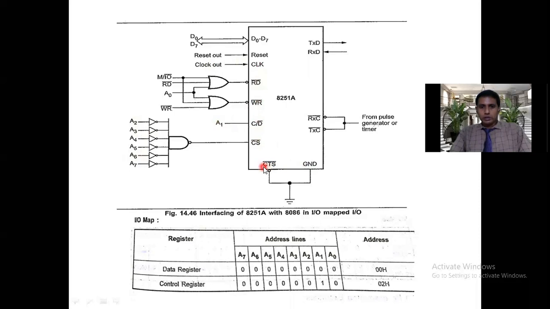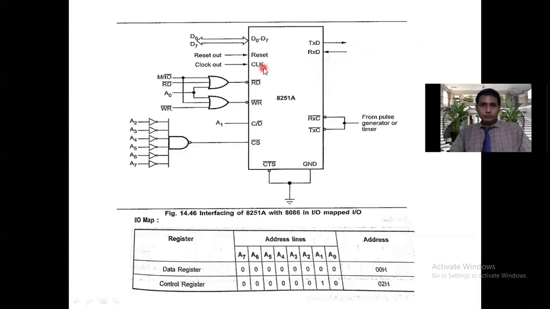Here also CTS bar, clear to send bar, is connected to ground. Then RXC bar, the receiver clock pin, and similarly the transmitter clock pin, are both connected to the same pulse generator or timer circuit. TXD transmits data to the external device, and RXD receives data from the external serial port device. Like that, we have the connections.